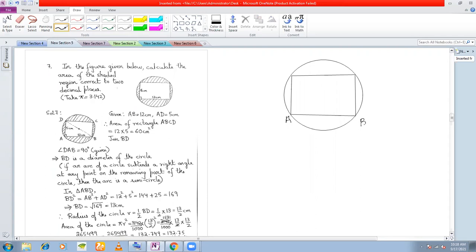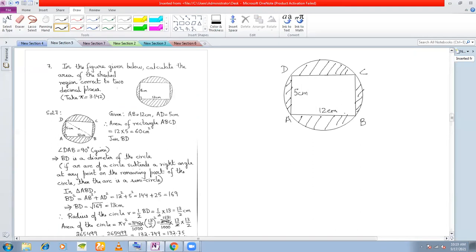Let's label this in the figure. No label is given. Let's label this. It's 12 centimeter given. This is the shaded part.